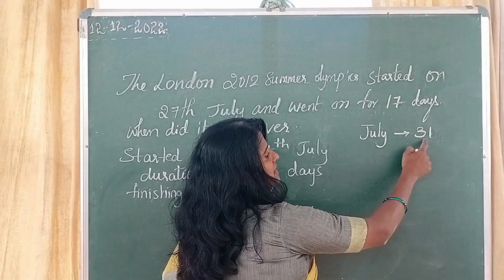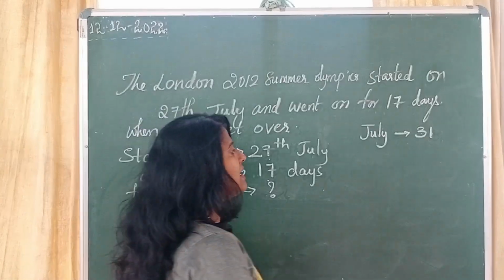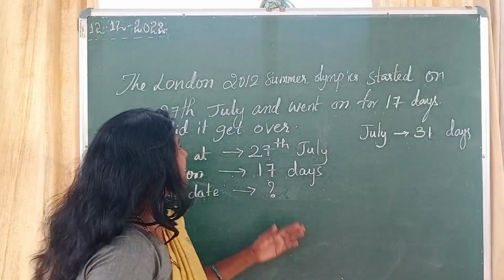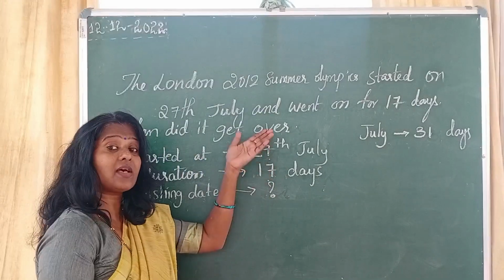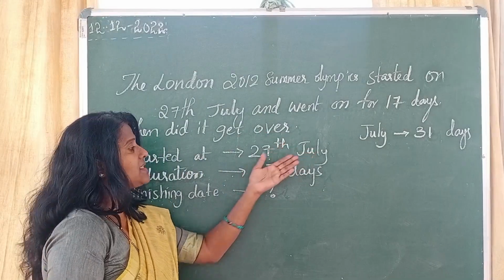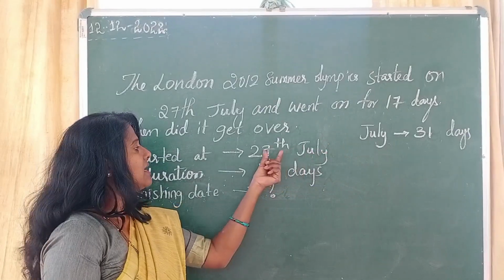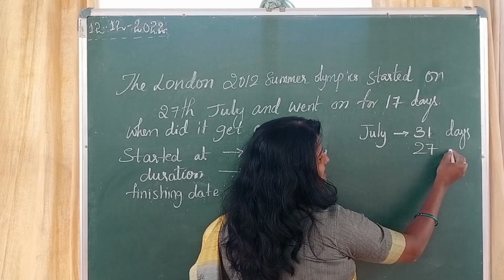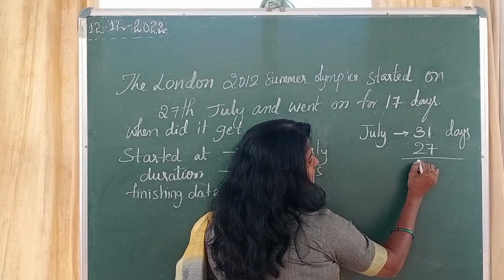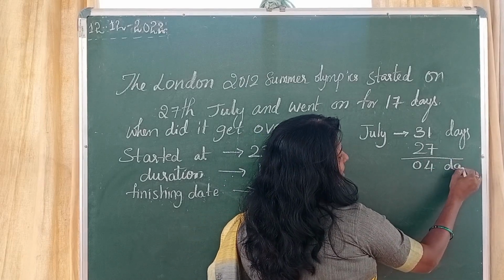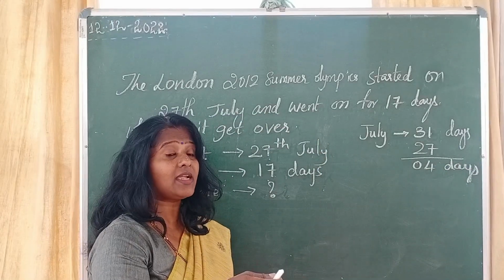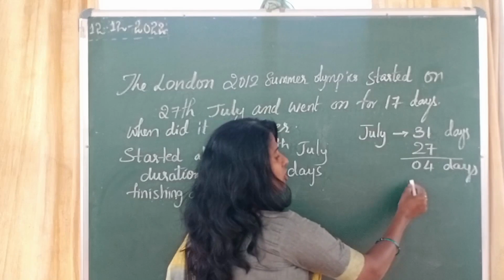So July month we have 31 days. But the game has started at the end, that is 27th July. That means out of 31 days, you have to subtract the previous 27 days. So you will get 4 days left. 4 days are left, but the day on which it has started, 27, that also you have to count, no?